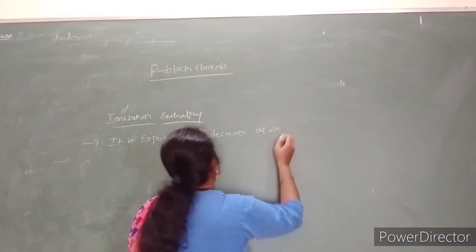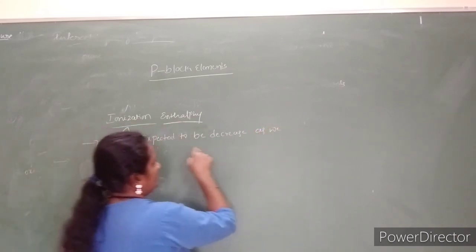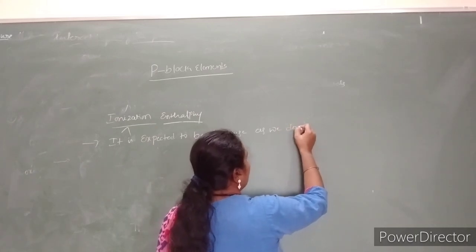as we move down, meaning ionization enthalpy is expected to decrease as we move down the group.